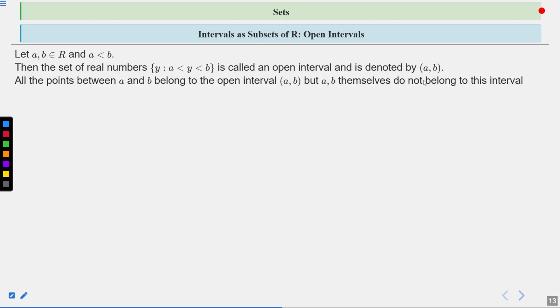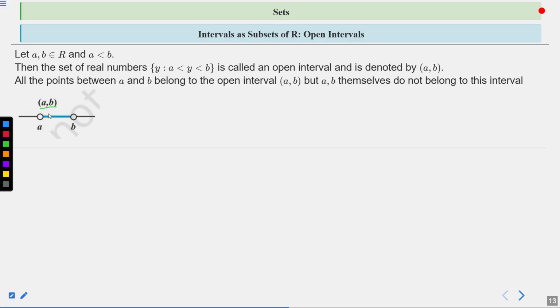All the points between A and B belong to the open interval A comma B, but A and B themselves do not belong to this interval. So this representation on the number line will be like this. This is our number line.